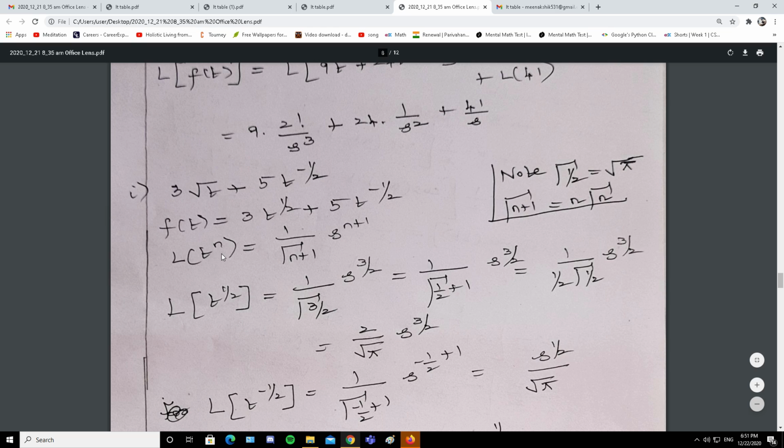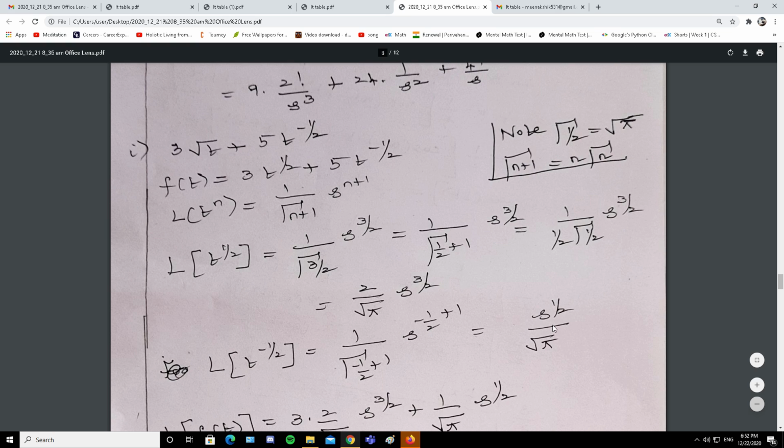Then if you take n as minus half, so Laplace of t power minus half, you substitute n as minus half in this formula. So s power minus half plus 1 by gamma of minus half plus 1. So s power half by root pi. What is the denominator, gamma half, which is the same as root pi. So s power half by root pi.